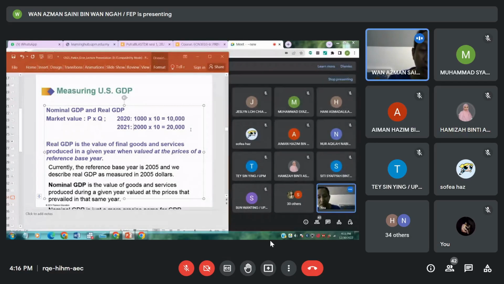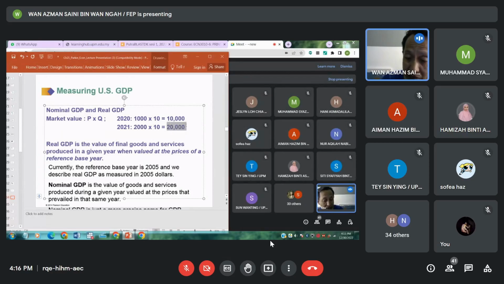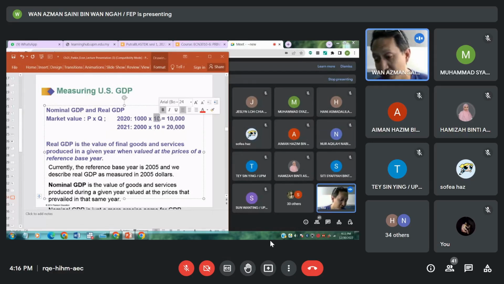Right, real GDP. What they do is they fix the price, because they just want to see the changes in real economic activities by looking at the changes in Q. When they fix the price, any changes that we get from here are purely because of changes in Q, because P doesn't change.